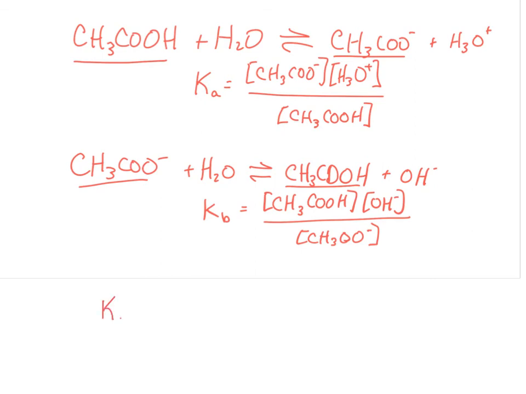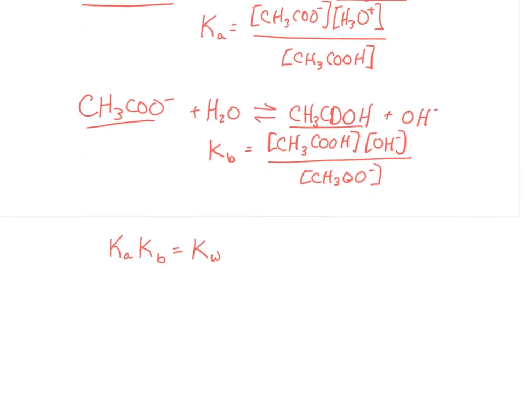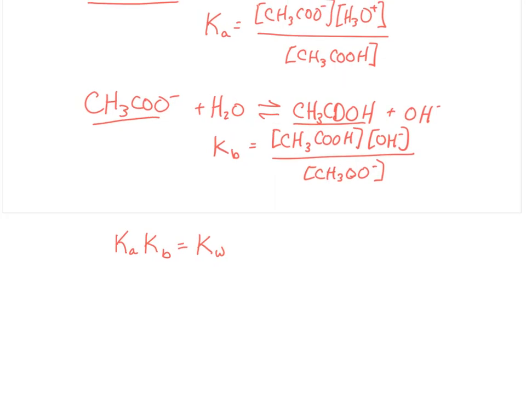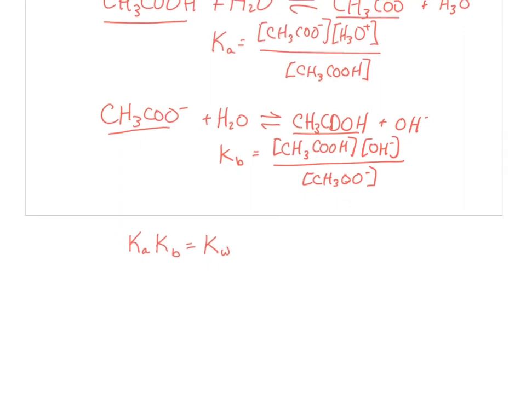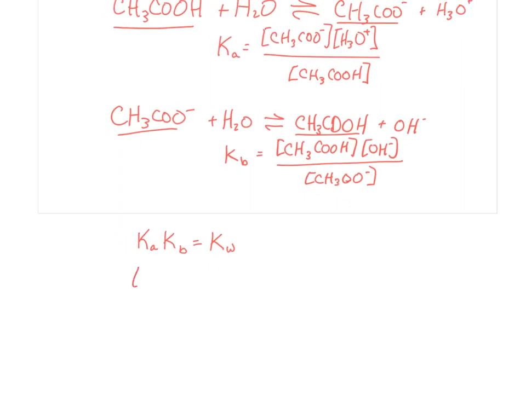And so we know that Ka times Kb equals Kw, and Ka is 1.8 times 10 to the minus 5. So I have 1.8 times 10 to the minus 5 times Kb is equal to 1 times 10 to the minus 14.